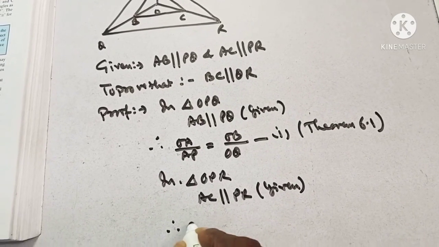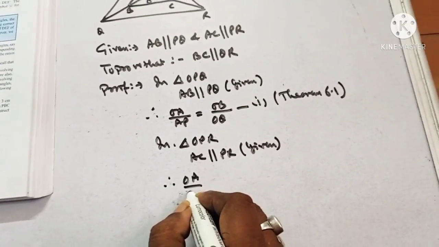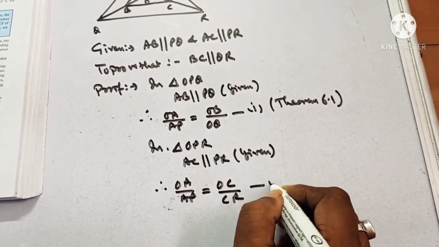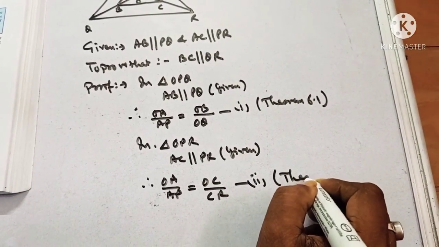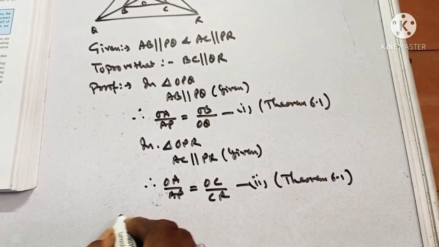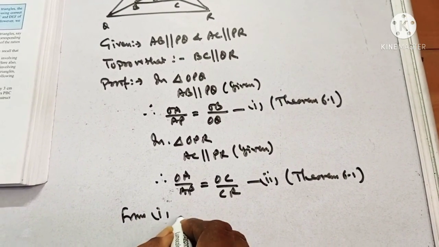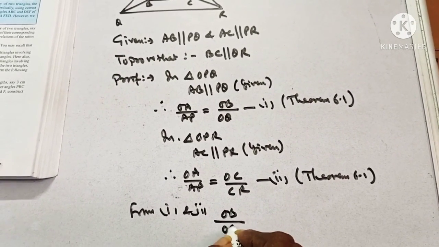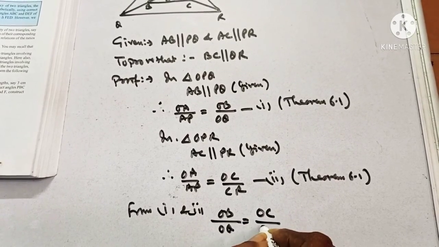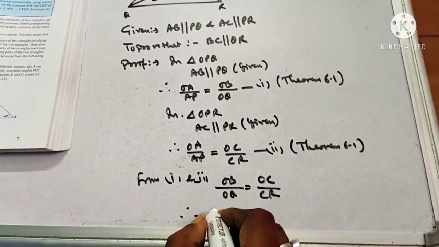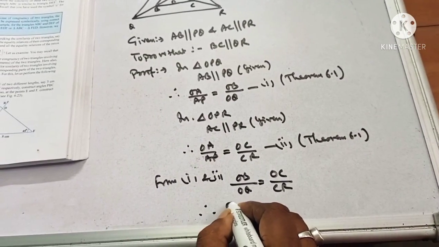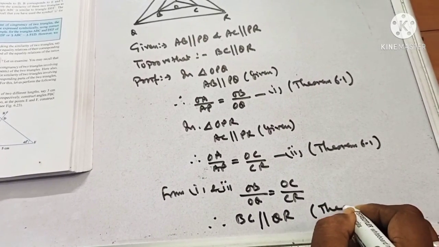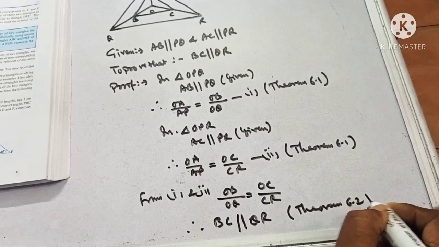So we get OA by AP is equal to OC by CR. This is equation 2 from theorem 6.1. So from 1 and 2 we get OB by BQ is equal to OC by CR, and from theorem 6.2 we can state that BC is parallel to QR.